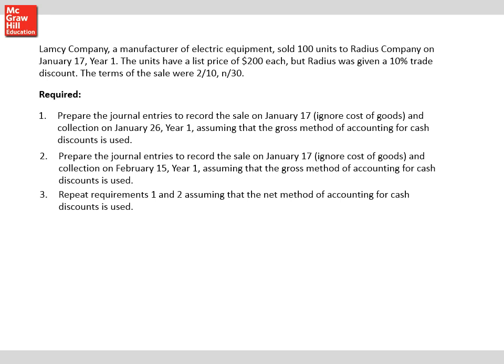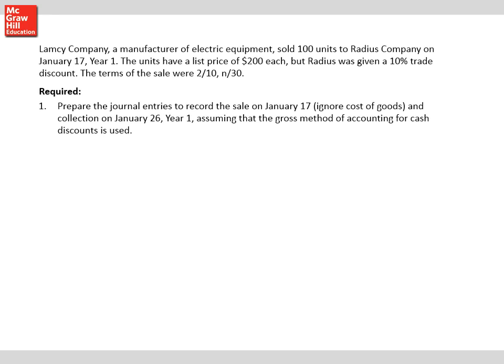It's like the sale was made at 90% of the list price. The credit terms offer a different type of discount, a cash discount. And that is, if you pay us within 10 days in this case, take a 2% discount. Cash discounts are recorded in our accounting records. So let's see how this all works out under both methods.